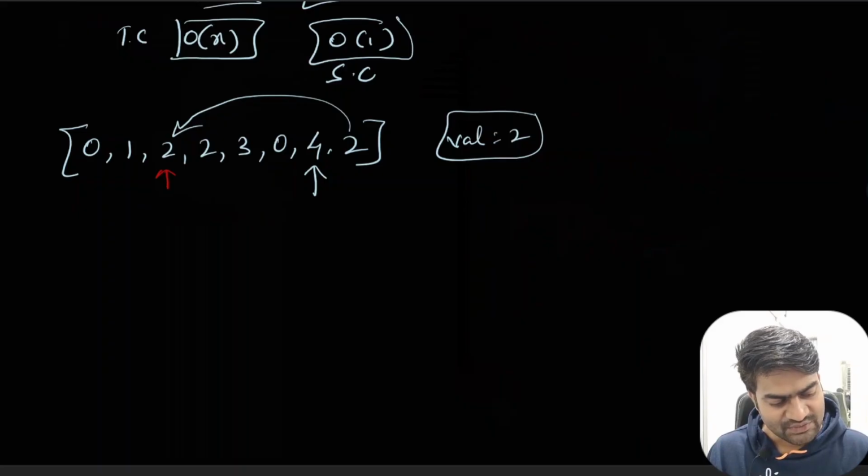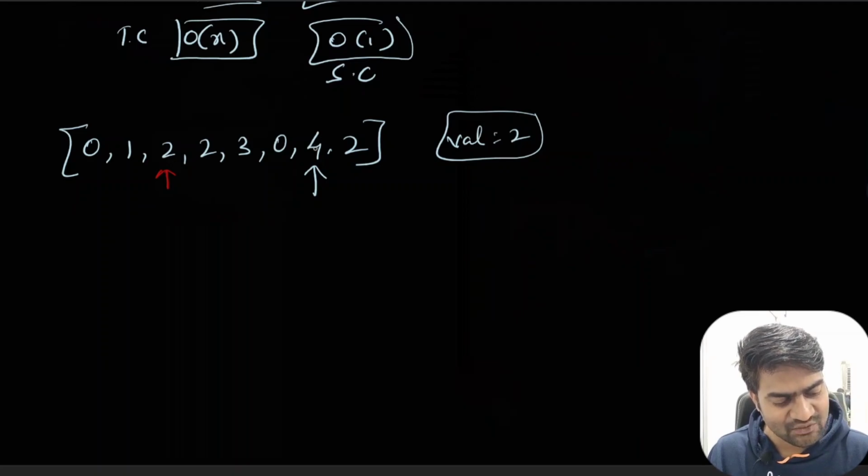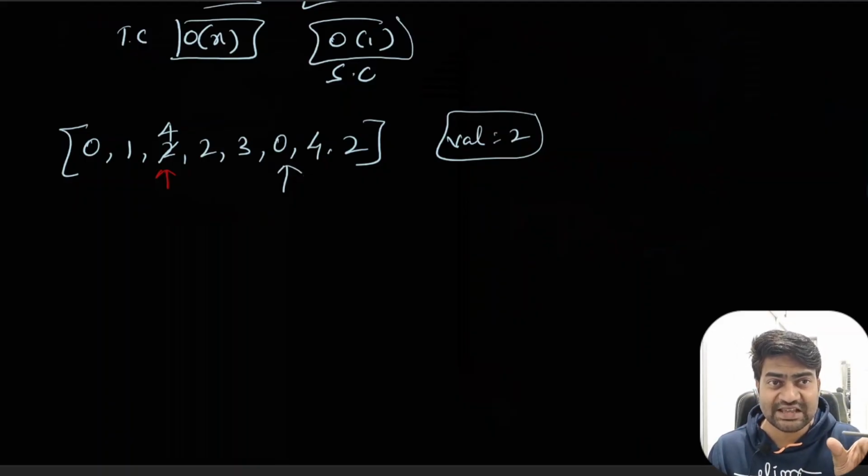Now, if you see, I will remove this. Now again, I get 2 at this place. If that is the case, what we need to do? Again, we need to take the number from the end and we need to place it here. So now I have 4 here. I will simply put 4 and I will move this pointer towards left. So this is basically shrinking the array. It means I'm trying to remove the element and I'm trying to reduce the size of the array.